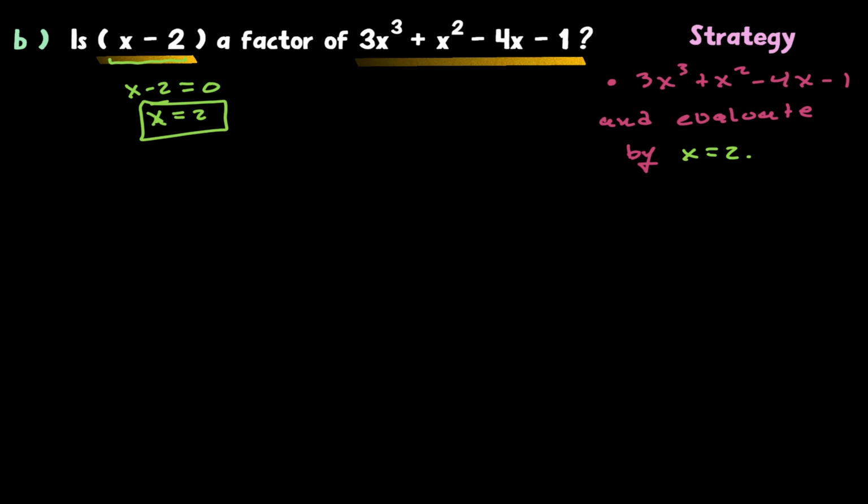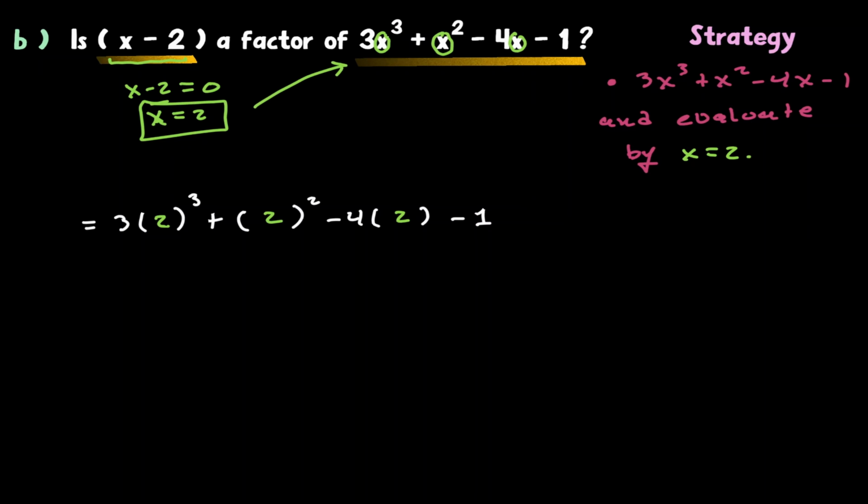So let's do that. We are going to get 3 times 2 raised to the third plus 2 raised to the second minus 4 times 2 minus 1. All we are doing is, every time we see a value of x, we substitute it with the value x equals 2.